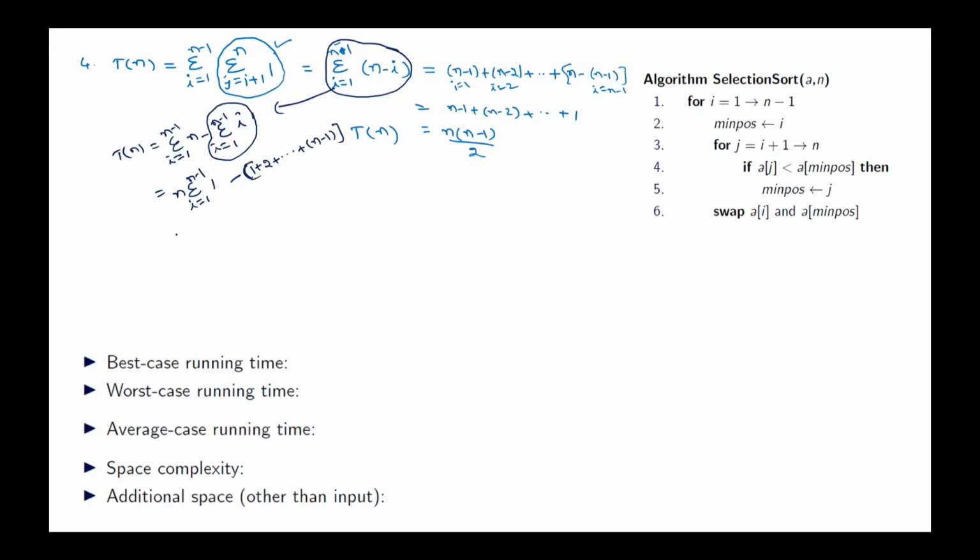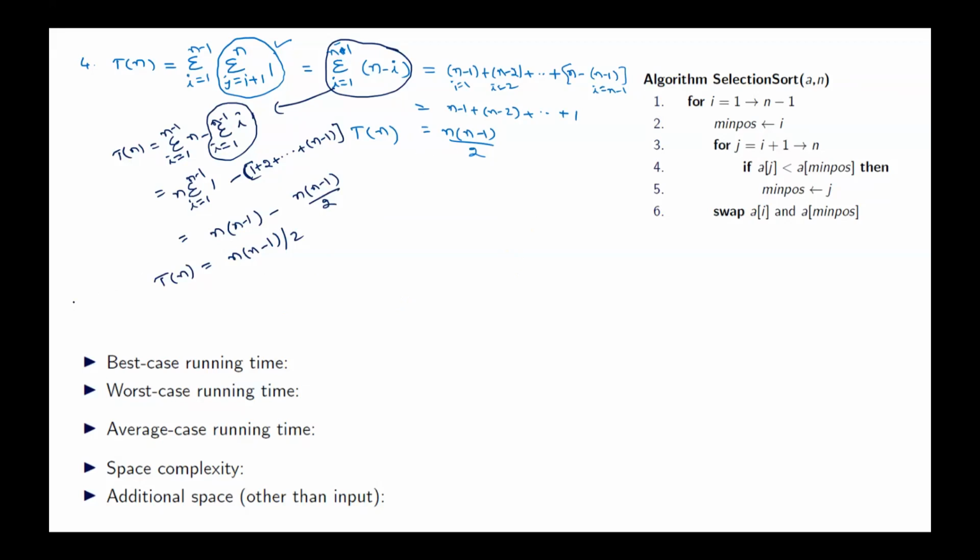So this is n into n minus 1 minus n into n minus 1 by 2, which is the same as n into n minus 1 by 2. Order of n square. Is it okay? So both ways, finally, T of n is this.